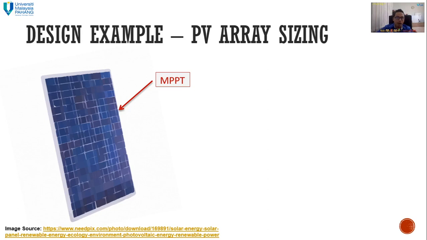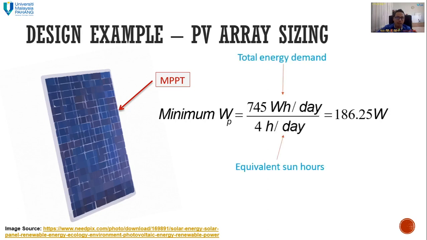So we are going to design the PV array sizing. What we are going to find first is the minimum watt peak. How to calculate? We just divide the total energy demand, including all the generation efficiency and inverter efficiency that we have calculated before.